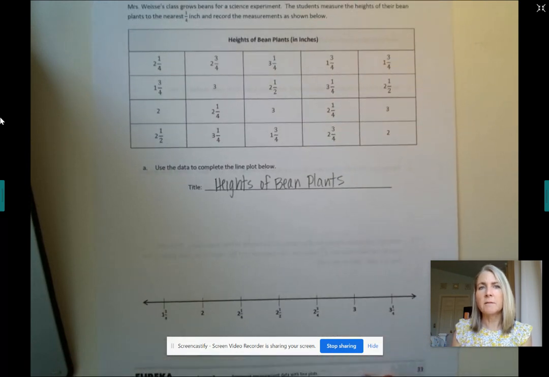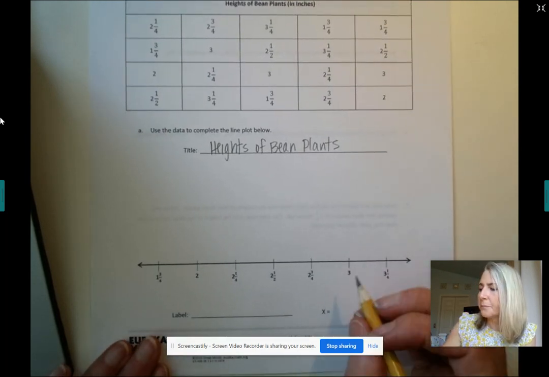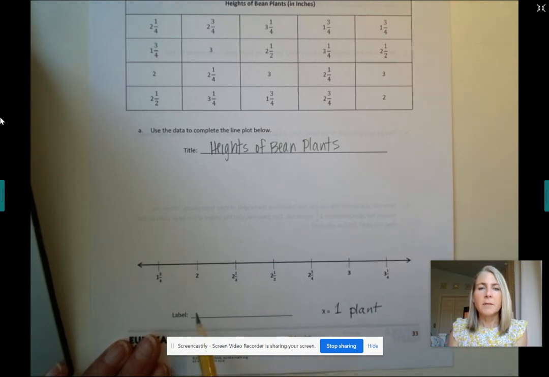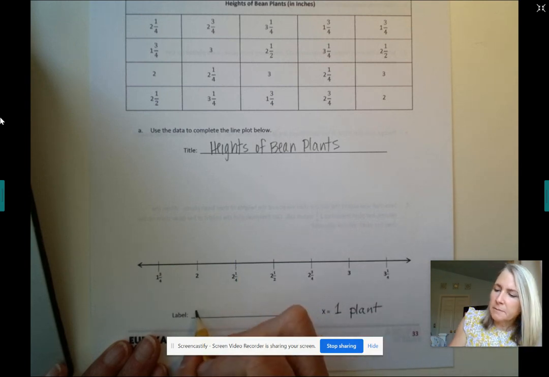So x is going to equal 1 plant. And down here we have the number of bean plants.